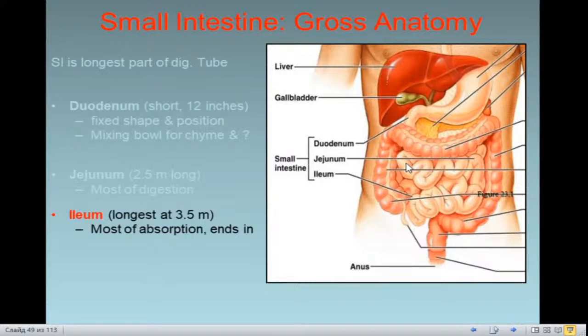In jejunum, the amount of fatty tissue in its mesentery is more. In ileum, it's less. The thickness of the wall in jejunum is more, in ileum less. The elasticity of the wall: in jejunum the wall is more elastic, in ileum less elastic.